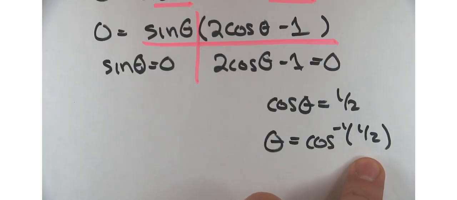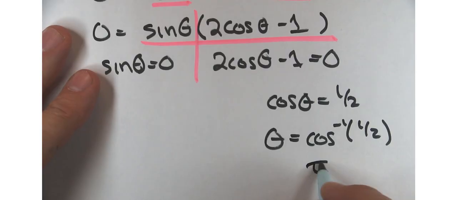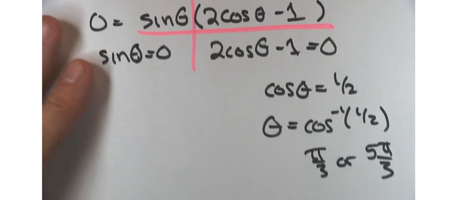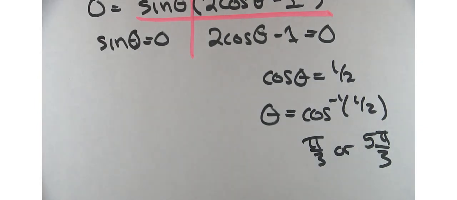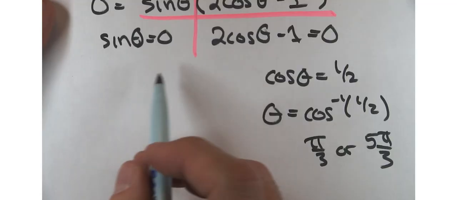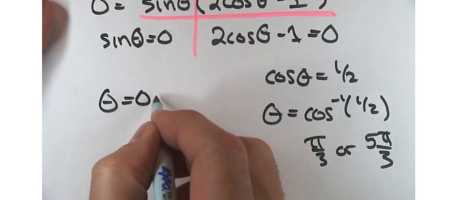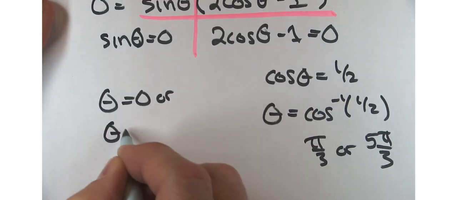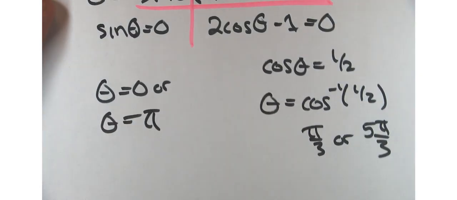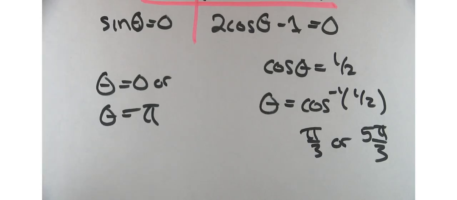One of them is at pi over 3, and the other is 5 pi over 3. And sine of theta equals 0 when theta equals 0 or theta equals pi. Okay, so we've got several points of intersection.